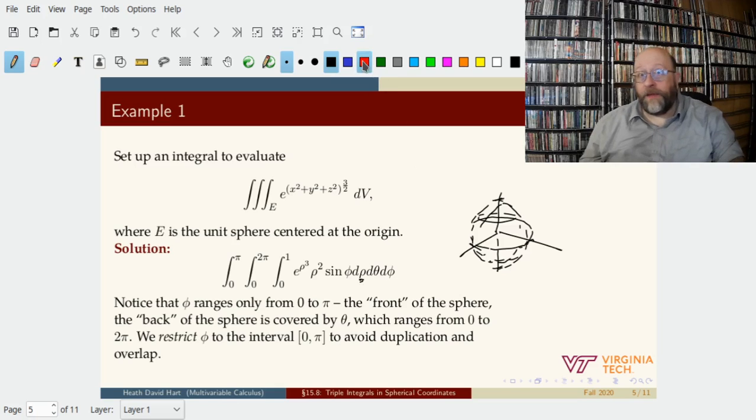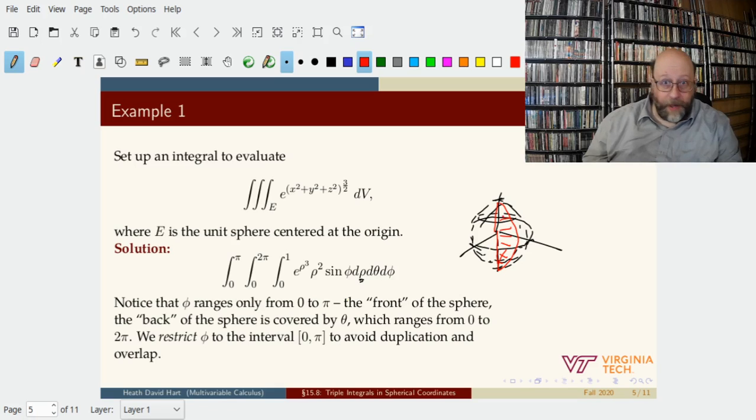Phi is going to give us just the angle from the North Pole to the South Pole. And so phi gives us this piece of the sphere. And then theta is what goes all the way around from 0 to 2 pi and takes this little piece and rotates it all the way around.